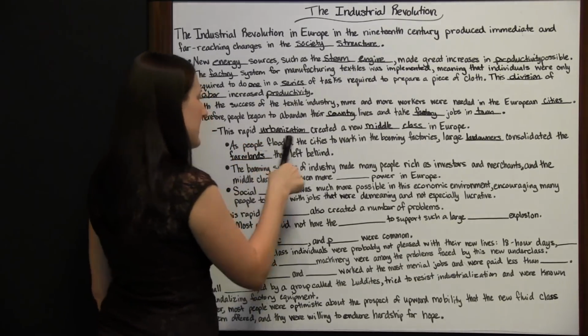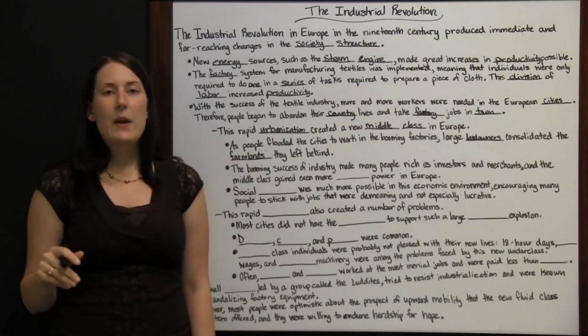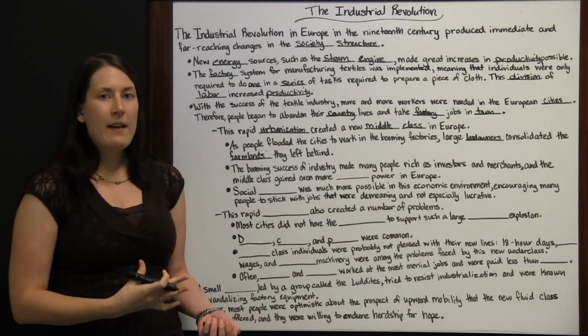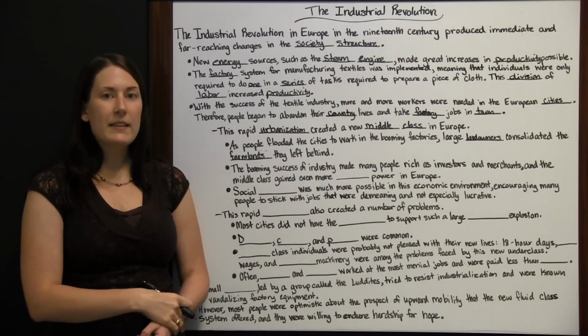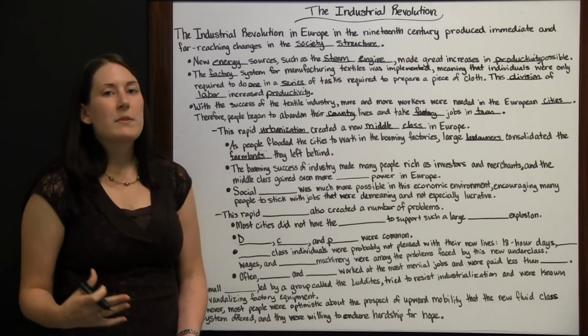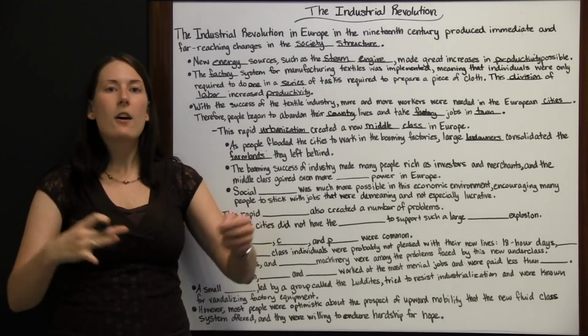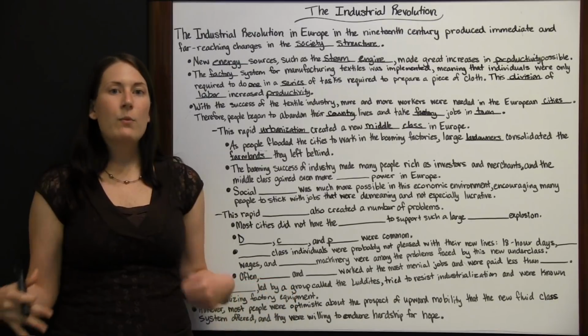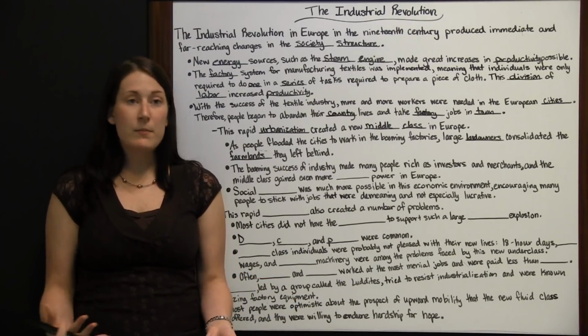So people would flood to the cities to work, and they would sell off their farms so that they could make that move and have somewhere to live and a little bit of money to live on while they got set up in their new job. Large landowners would say, okay, we'll stay here and just keep taking all the land, we'll buy it off of them as they leave, and we'll have lots and lots of land, and we can do with it whatever we want to make the most money.